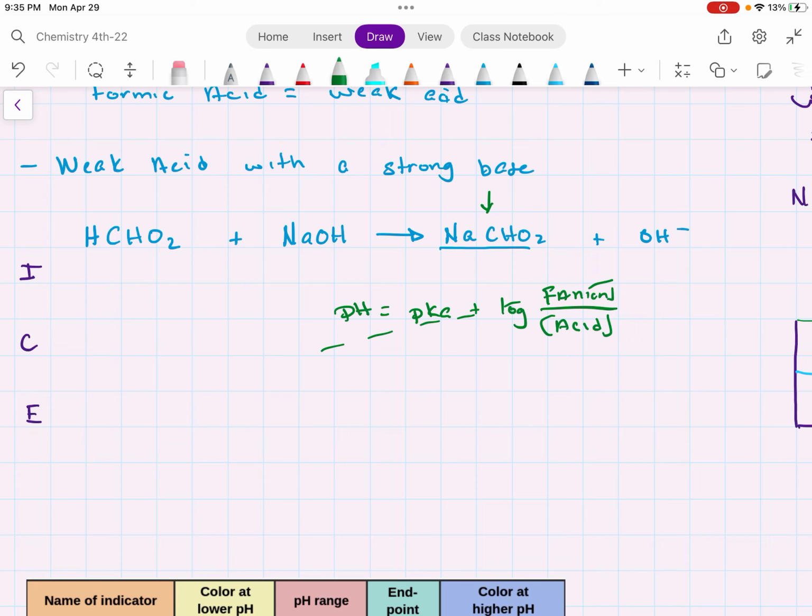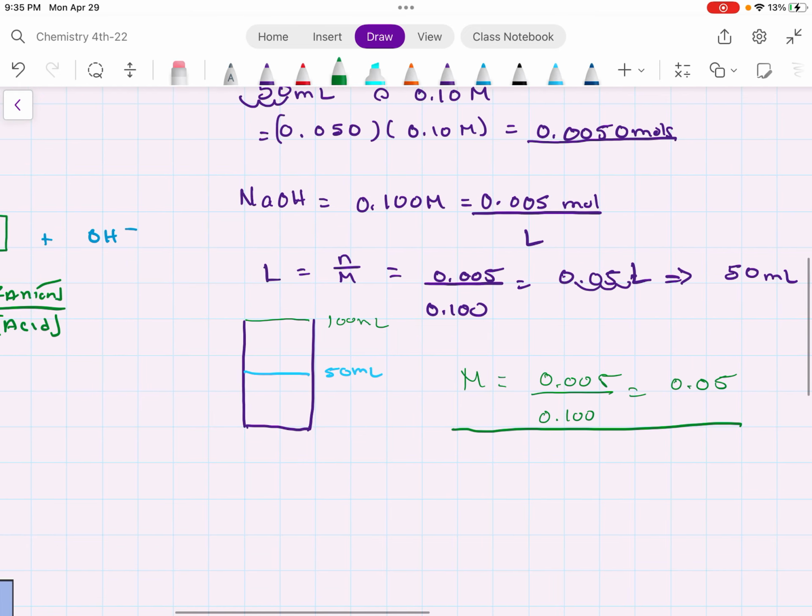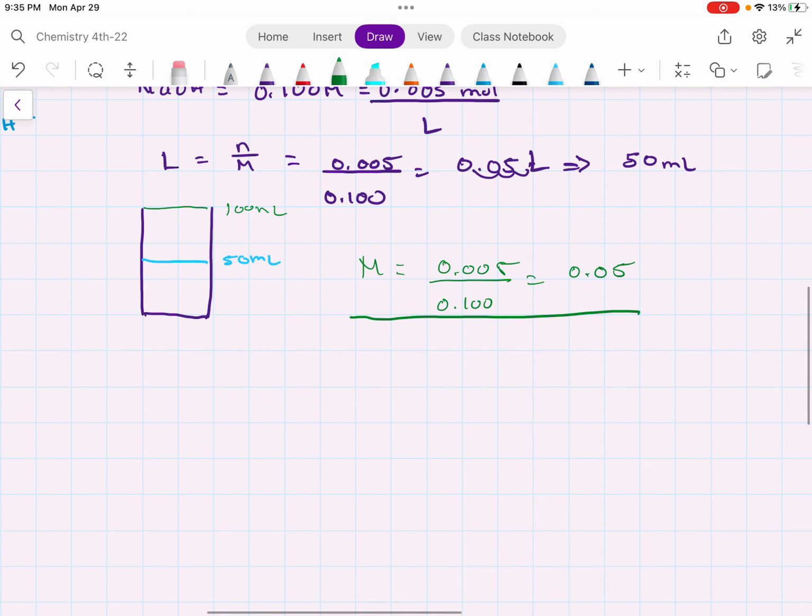What's happened is this salt has now formed, because for every mole of acid that we neutralized with the strong base, we've had a formation of this salt. So we're going to rewrite this, and I wanted to illustrate the difference for you guys.